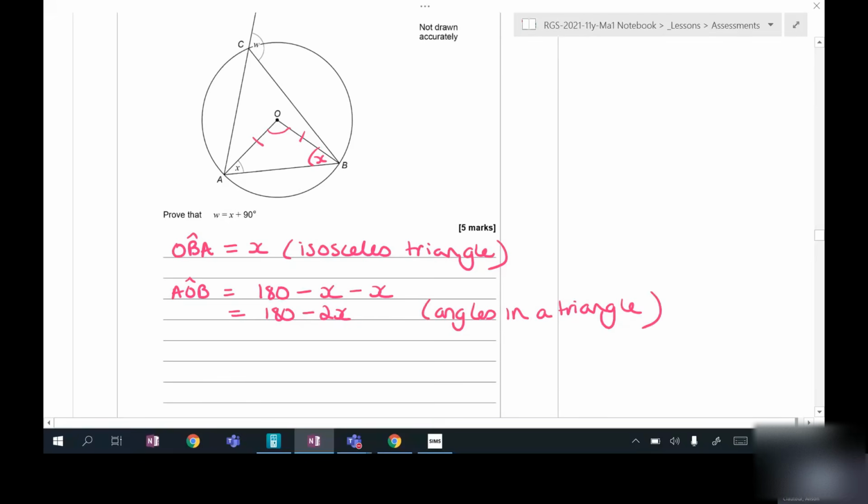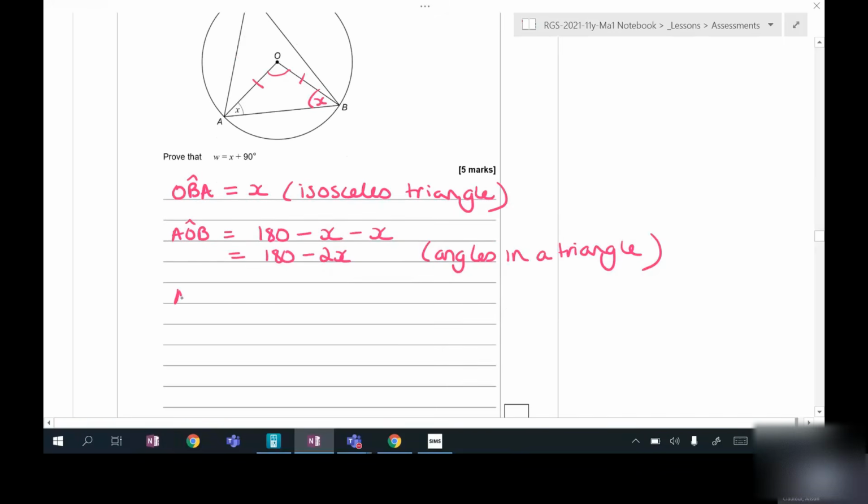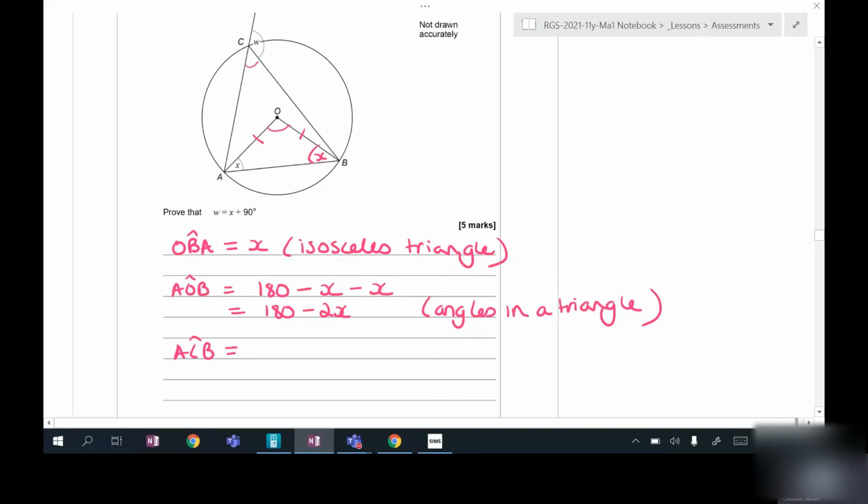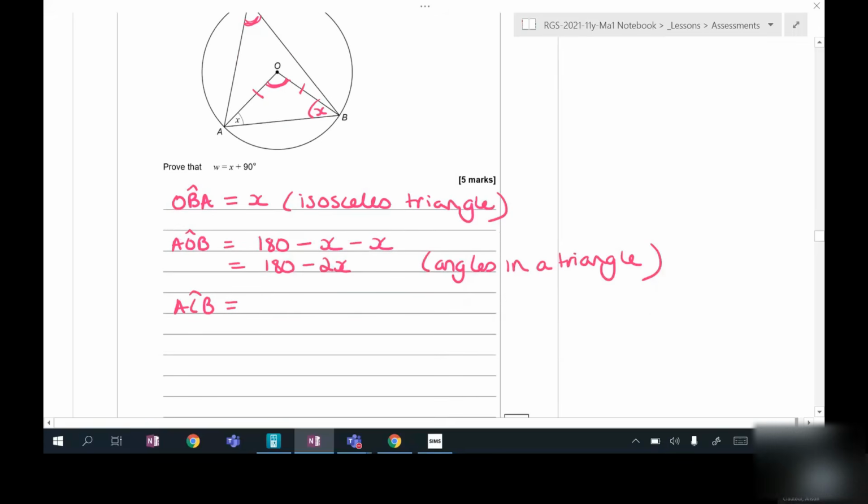I can then use that to work out ACB. So ACB is going to be half of that angle because this is the angle at the circumference and the one we just worked out was the angle at the centre. So for half that, I'm going to get 90 minus X.